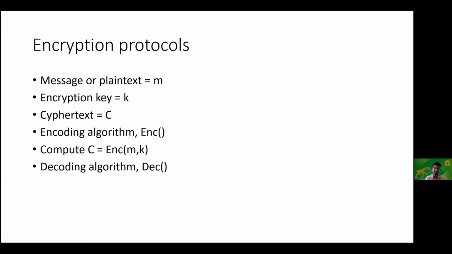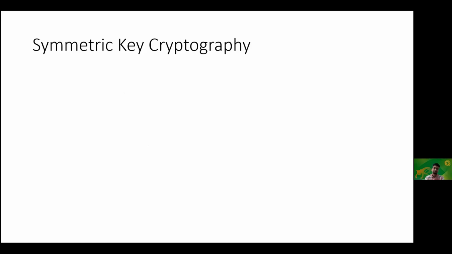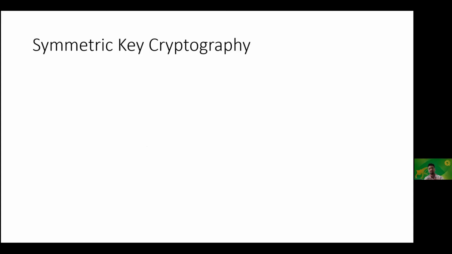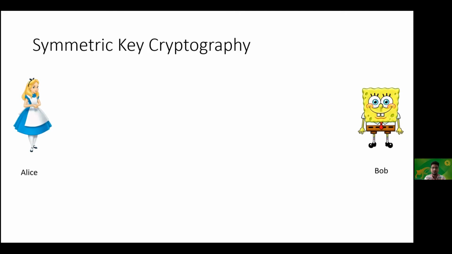You send this ciphertext over the internet to the remote party, and to decode the message, the remote party uses the decrypt algorithm and then decrypts it. So how does it work? Let's assume we have Alice and Bob, and Alice wants to send some message M to Bob.